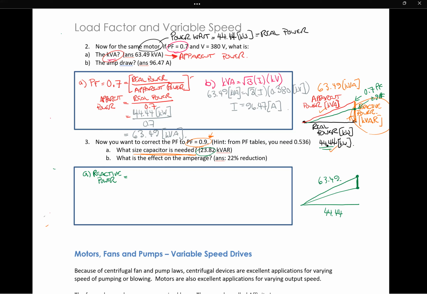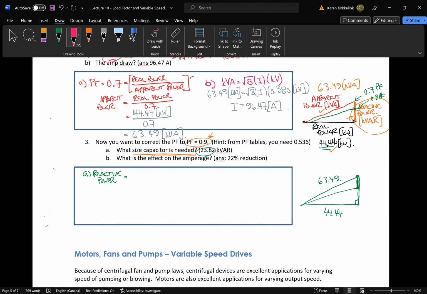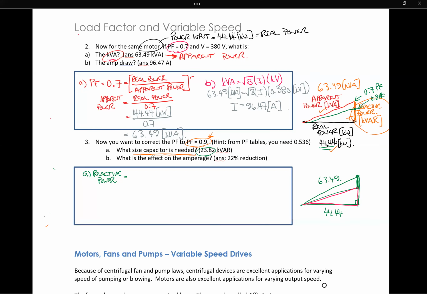So we're going to actually have to look at the difference between this total outside triangle in green, and this inside triangle in pink.